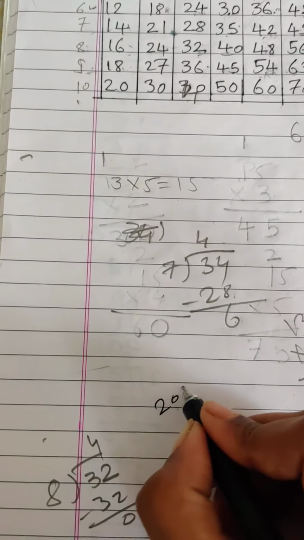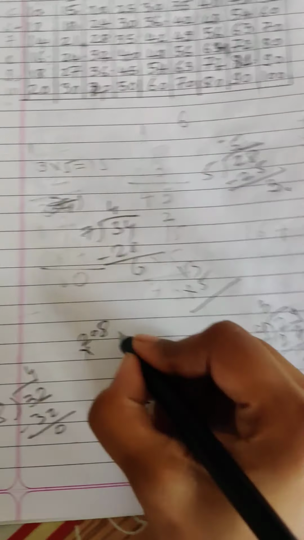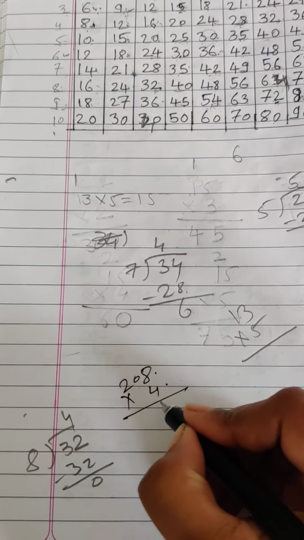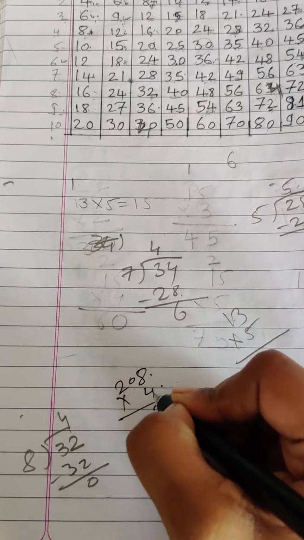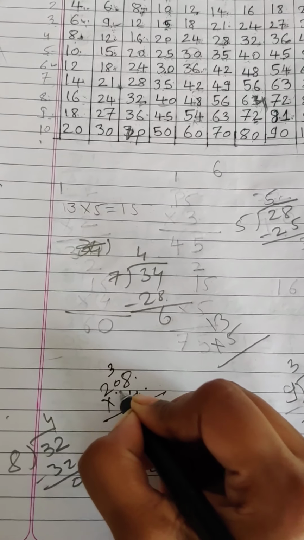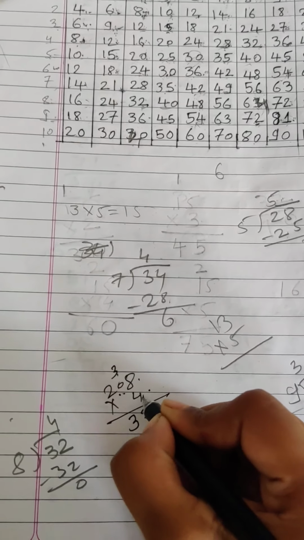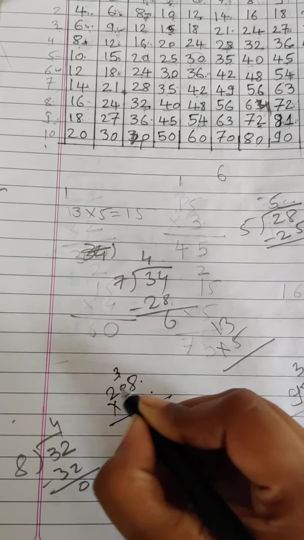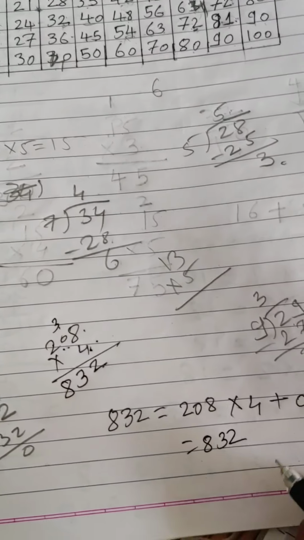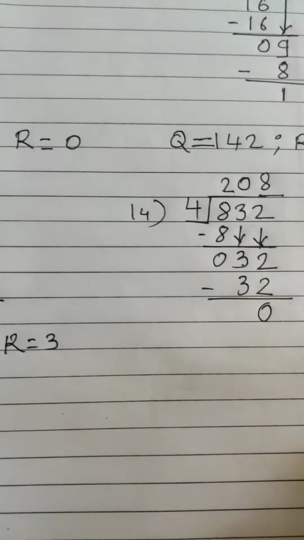So 208 multiply by 4. 8 4s are 32. 2 is written here. 3 is carry. 4 into 0, 0. 0 plus 3, 3 and 8. 4 into 2, 8. So we get 832. It means our answer is correct.